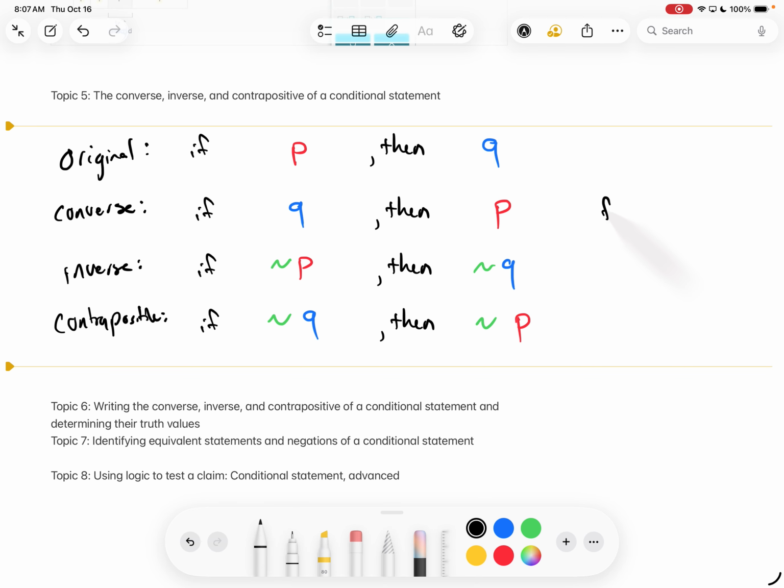The converse flips it or switches it. The inverse puts the not in it. And the contrapositive flips it and puts the not. Okay. So those are what those words mean.